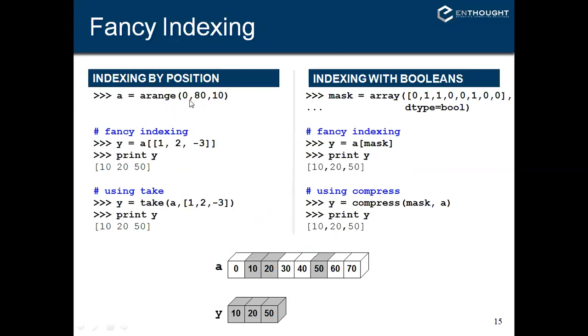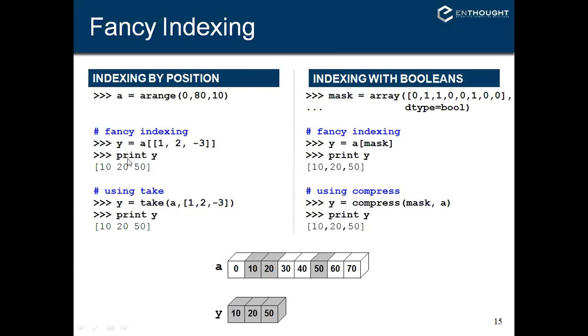With arange, what we are trying to do here is fill my array with values between 0 and 80 with a difference of 10, right? So this is indexing by position. If you wish to do it by fancy indexing, then you can have this kind of thing: y is equal to a list of indices there with me, 1, 2, -3.